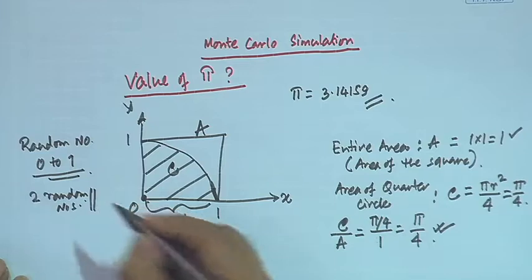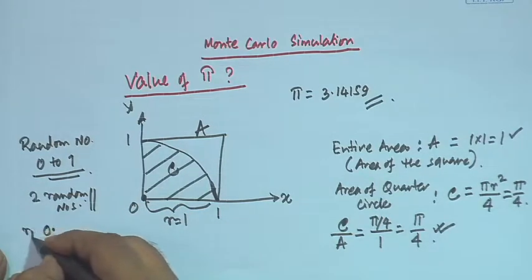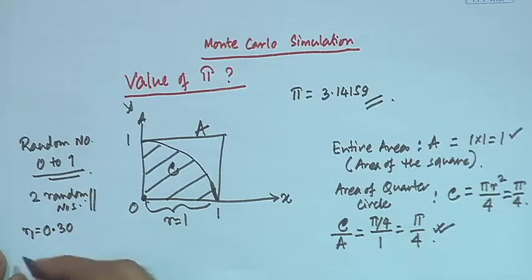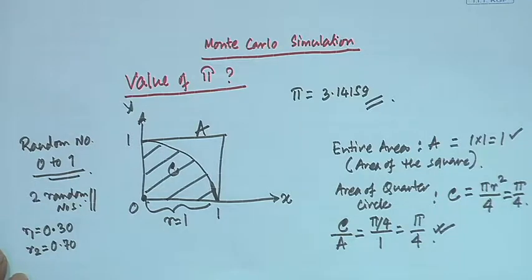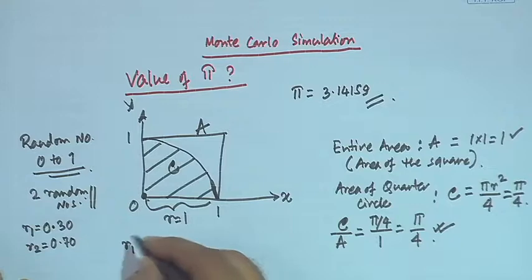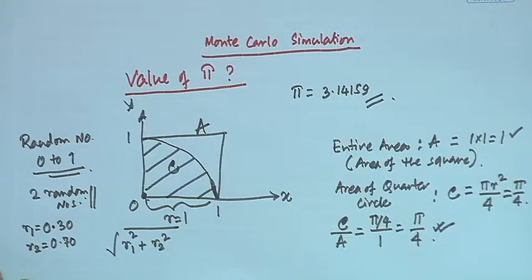We generate two random numbers, and let us say these random numbers are R1 equal to 0.3 arbitrarily and R2 equal to 0.7, right. So, what will happen? Suppose we find out R1 square plus R2 square and then the root of it. What will be that value?